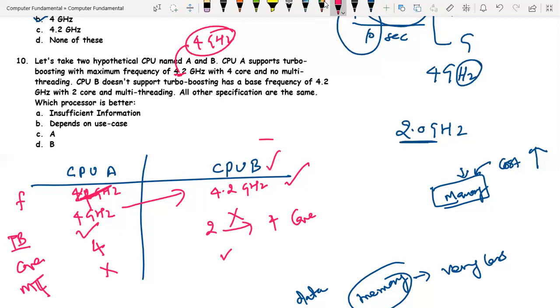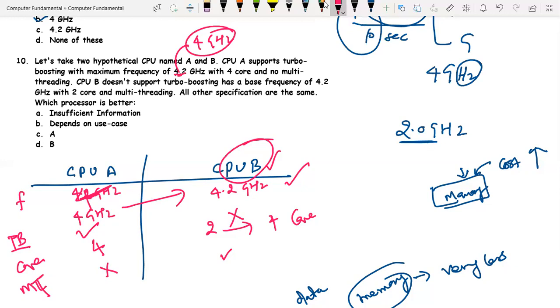CPU B is in the winning position. Due to multi-threading, the two physical CPUs become 4, effectively 4.